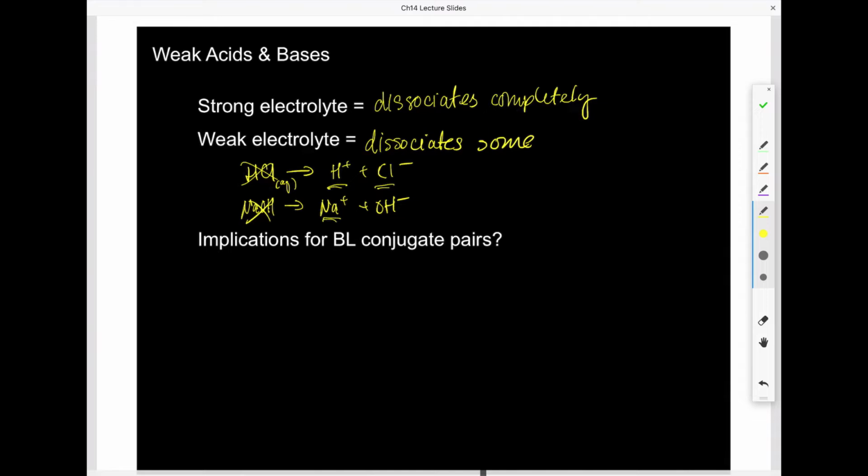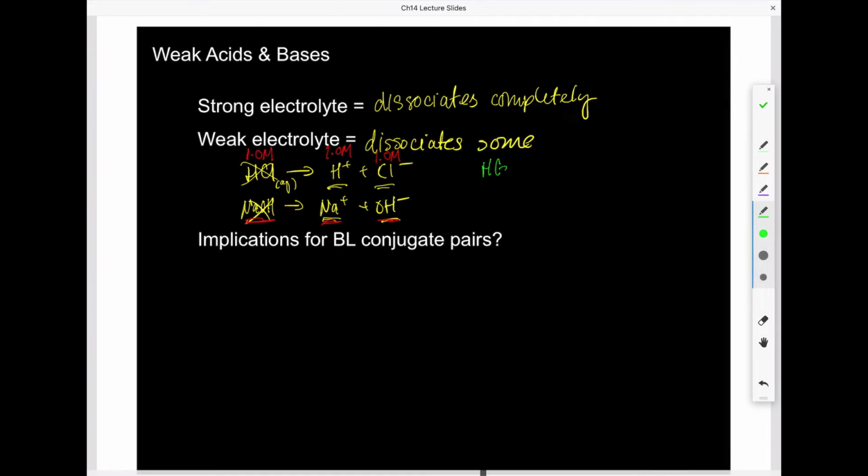It is all now sodium ions, hydroxide ions, right? Which then, by extension, let's say that I started off with 1 molar HCl, I now have 1 molar H plus and 1 molar Cl minus. Does that make sense? Or if I had 1 molar sodium hydroxide, I now have 1 molar sodium and 1 molar hydroxide.